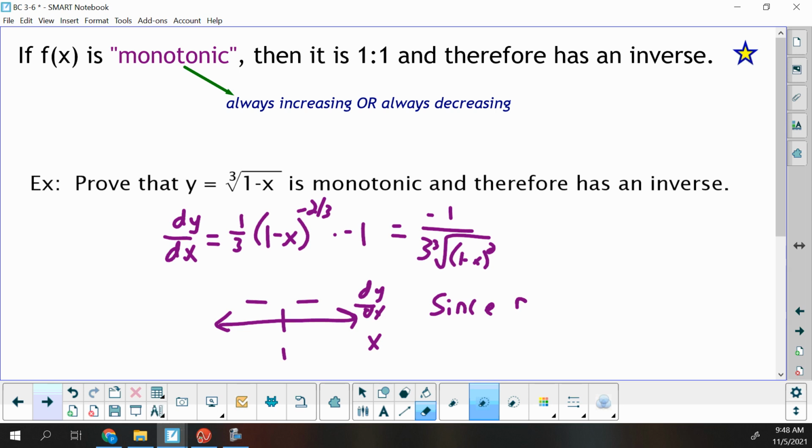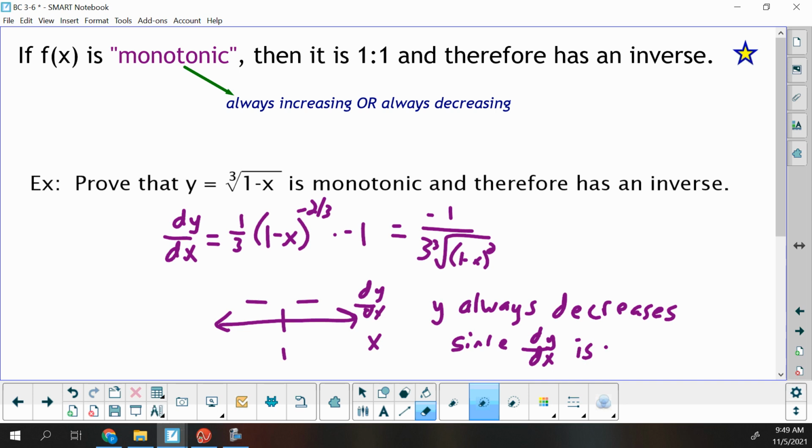since y always decreases since dy dx is never positive.